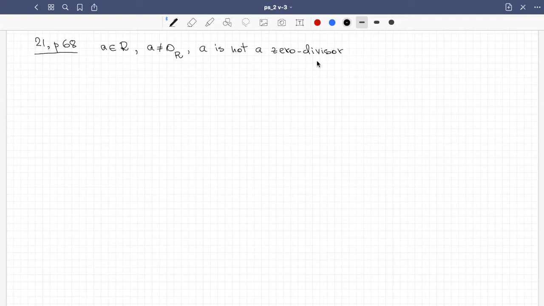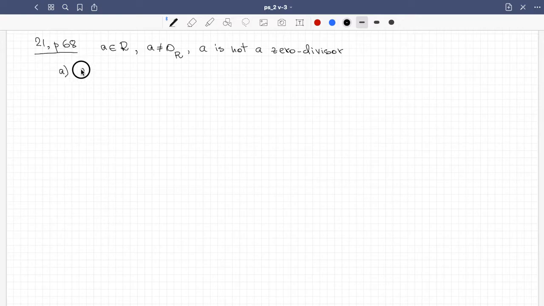Not a zero divisor means multiplying A by any non-zero element from right or left, we will never produce a zero. I will solve for you only part A of this exercise.